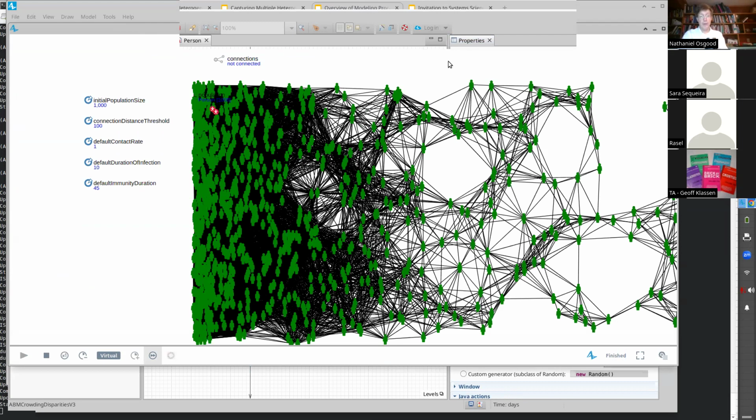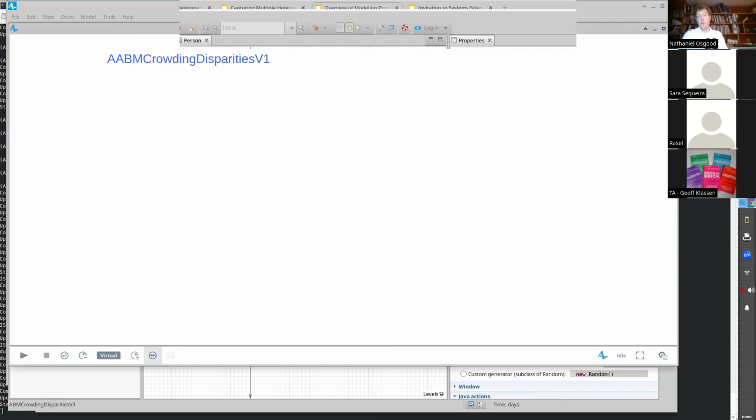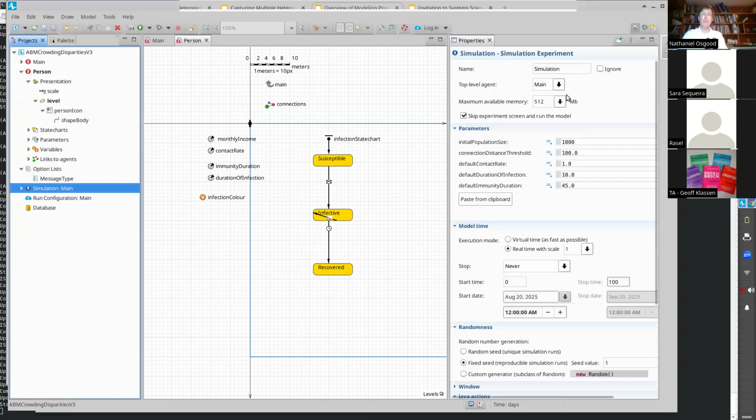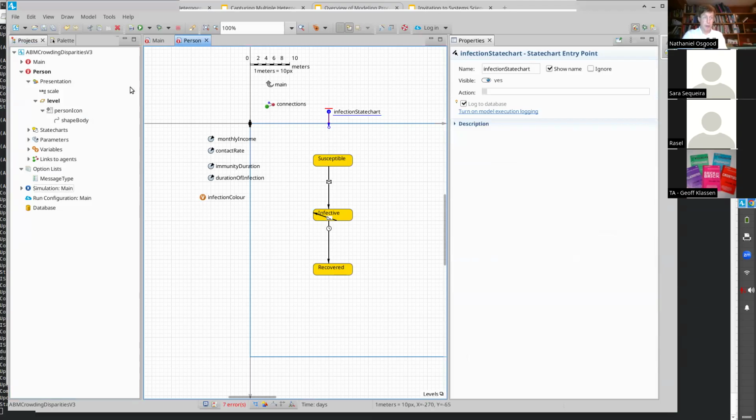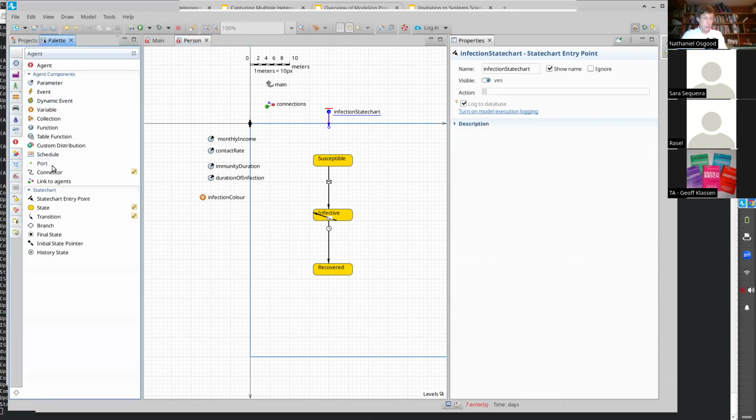So to kick off an infection, just like to kick off a fire, we need a spark. To kick off a spread of infection, we need a patient zero, an initially infected person. And you've seen this before. So I'm going to do it this way. We could send a message to a certain number of people, but I'm going to do it this way.